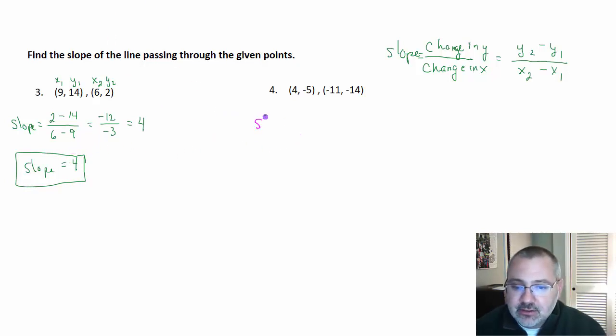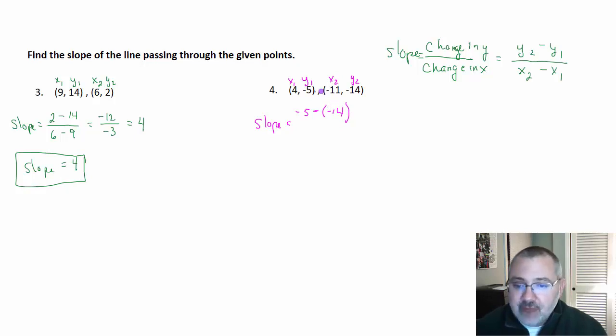So again, slope equals, I'm going to label again, x1, y1, x2, y2. Okay? How about what would happen if we put these first? How about negative 5 minus, now what are we subtracting? Negative 14. Be careful with that. I see a lot of people write, oops, that looks like 19. Let's try this again. This really should be a 14.